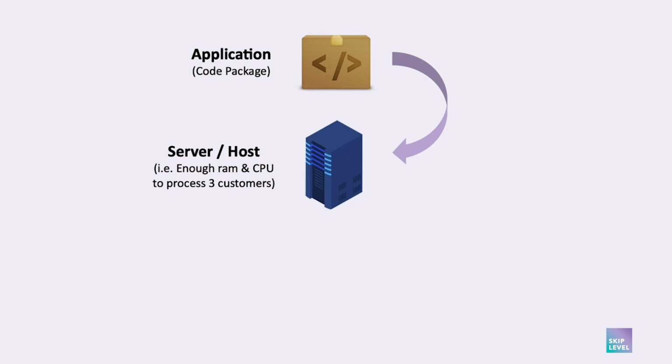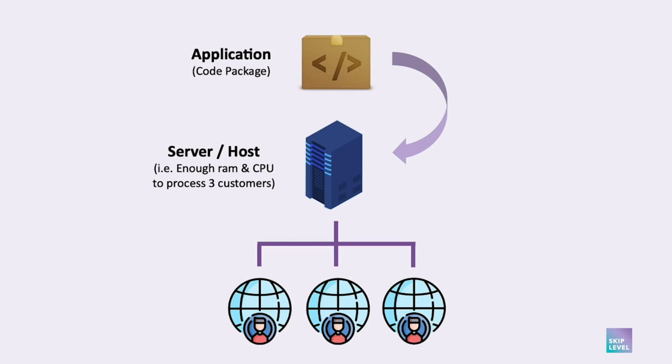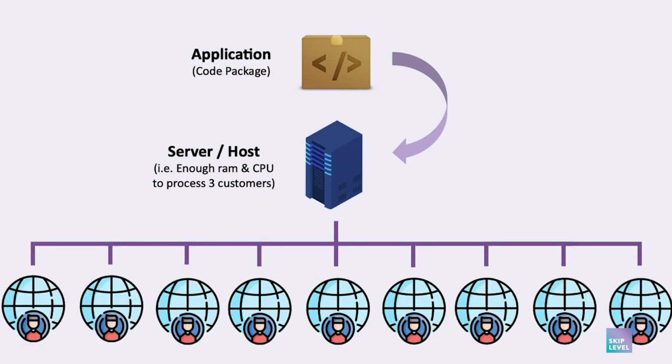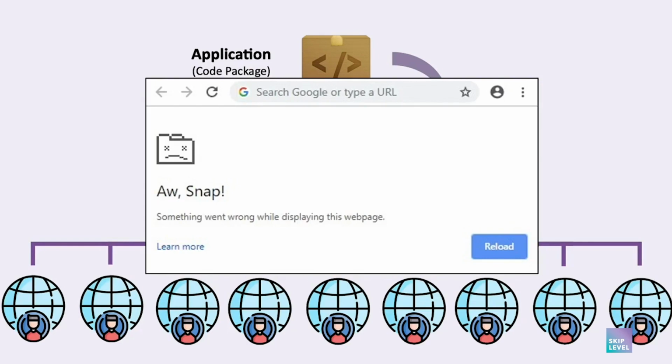Let's say this single host can process the traffic generated by 3 customers visiting the website every second. So everything is going to work as expected as long as 3 or fewer customers are visiting the website every second. But what happens if there's a sudden surge in traffic? Now our poor host can no longer process all of the requests coming in, and so the website crashes.